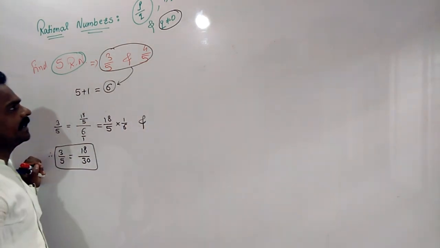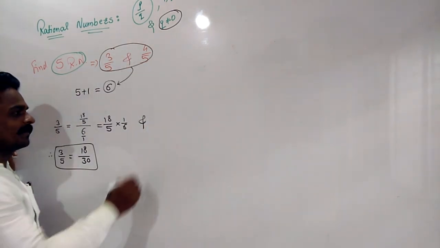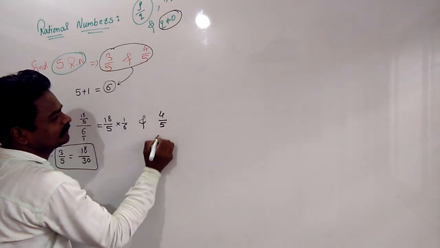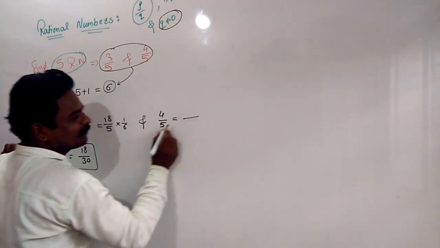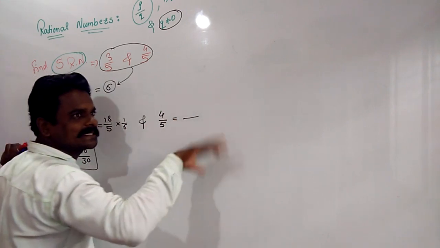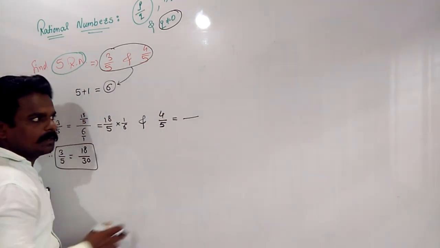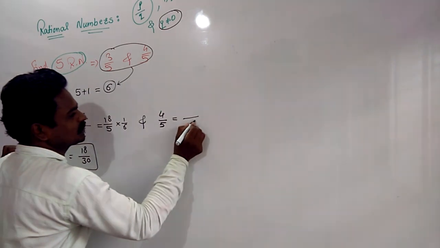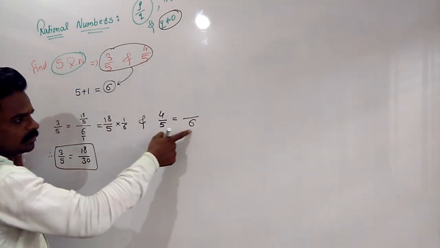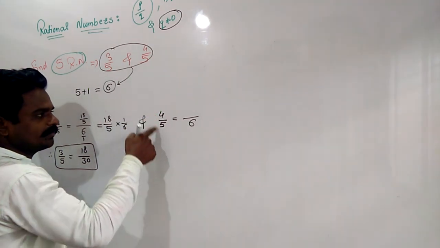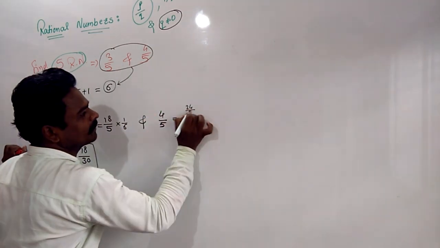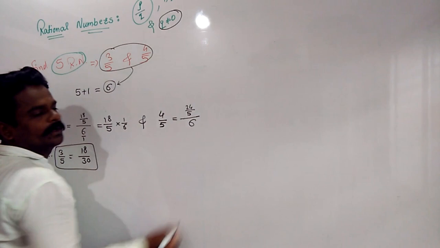And on the other side, take the second number 4 by 5. 4 by 5 is equal to, we have to express 4 by 5 in such a P by Q rational number whose denominator will be 6 only. So multiply 6 on this side. 6 4s are 24. 24 by 5 will be your numerator.